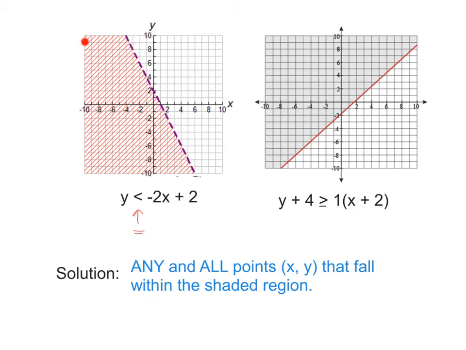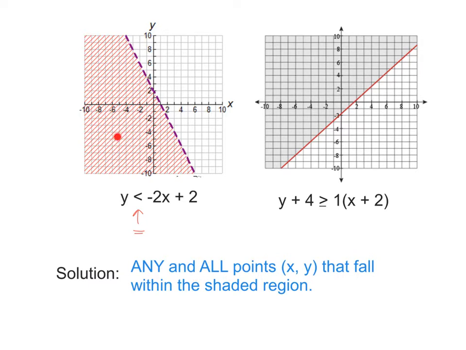That means every single point that lies in this shaded region, and far beyond that, because remember, our coordinate planes go on infinitely in all directions. If you think about it as down and left of this line, all of these points anywhere in the space are solutions to this inequality. Any and all points in that region.